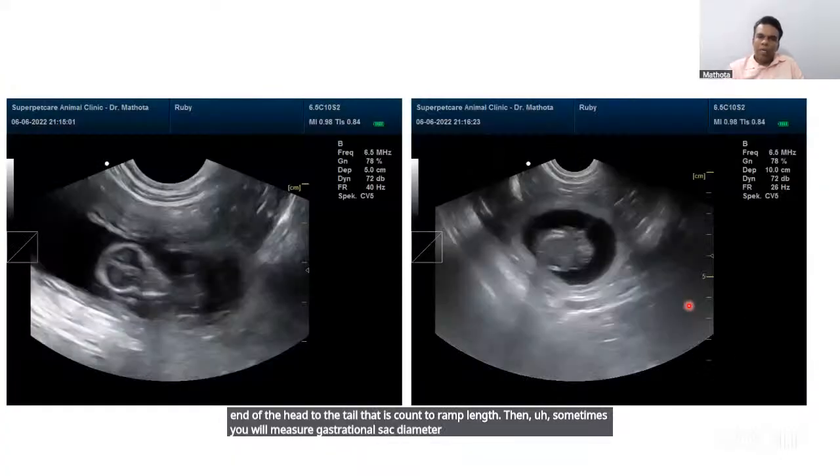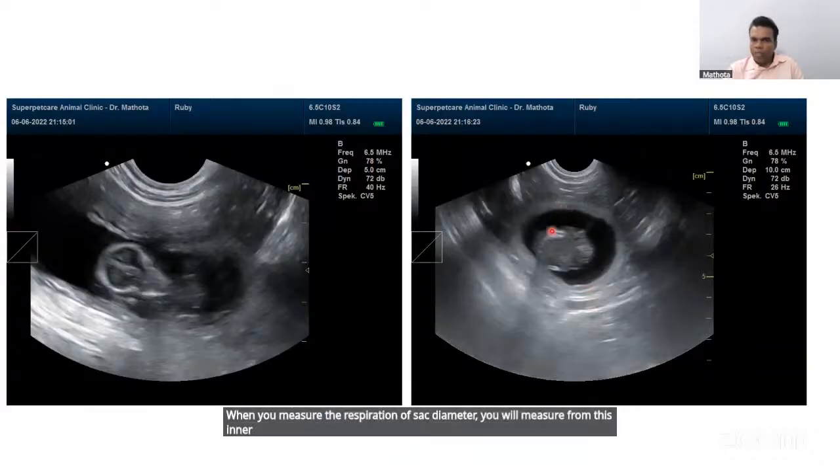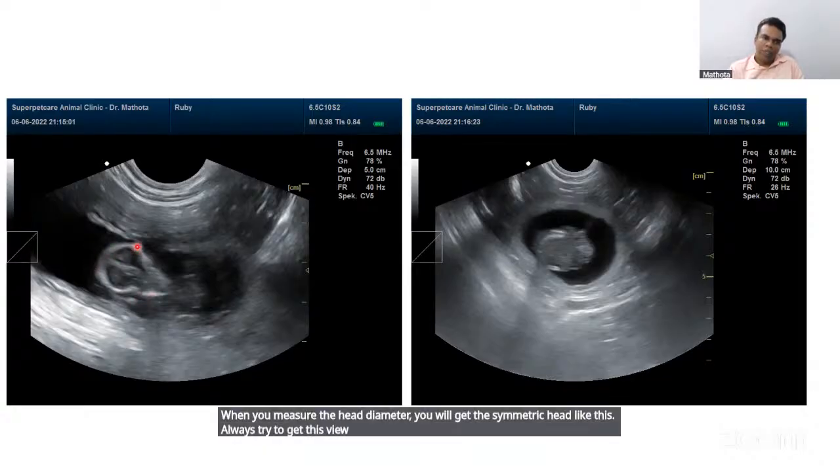In early pregnancies, you can measure the gestational sac diameter. You don't include the uterus. When you measure the gestational sac diameter, you measure from the inner border of the sac. When you measure the head diameter, you will get the symmetric head like this. Always try to get this view and measure the diameter from this point to this point.